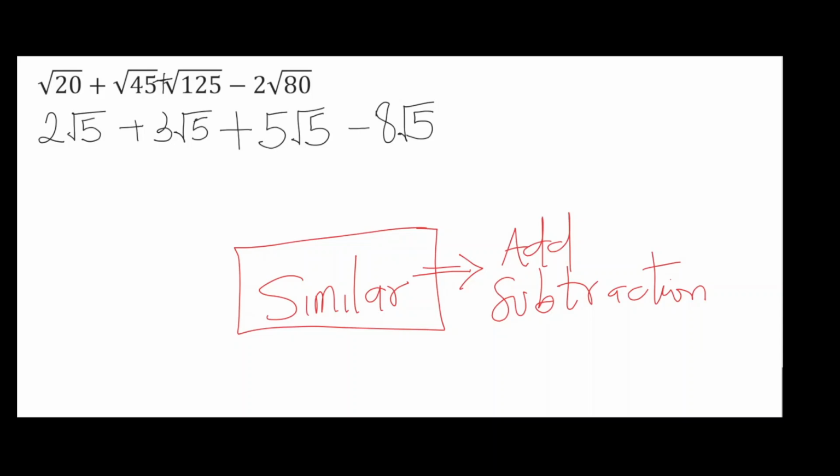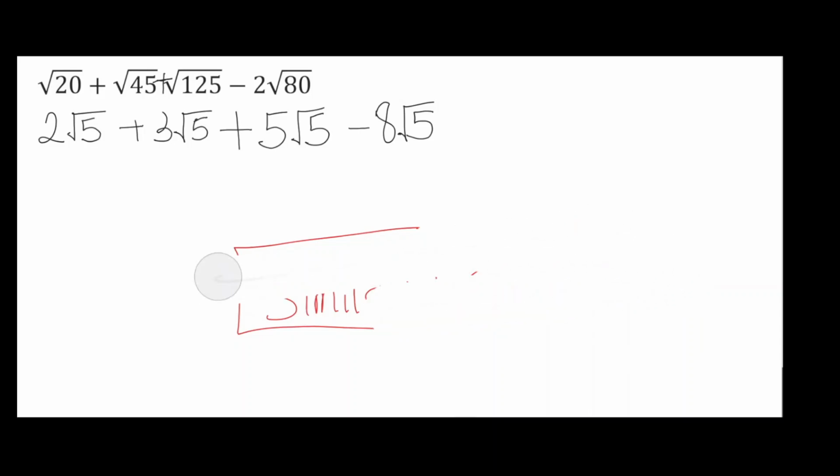Please take note of this. Only similar surds can be added and can also be subtracted. Now, since we know that these are similar surds, we can add and subtract them.